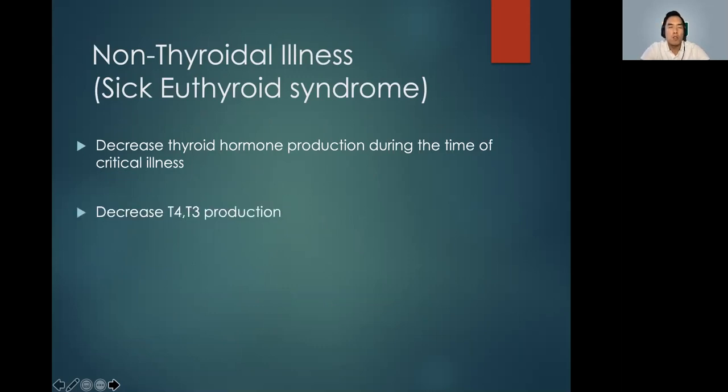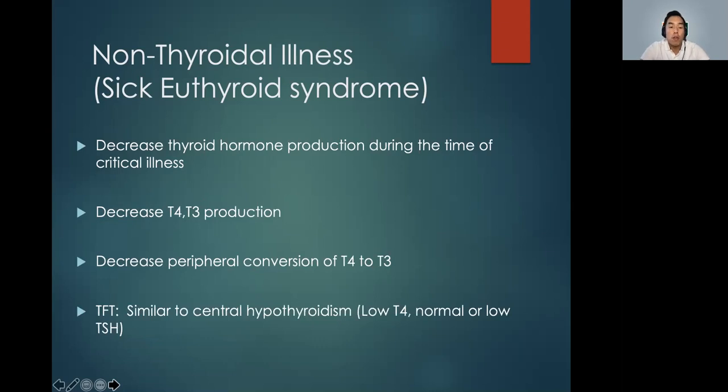So the body tries to preserve the metabolism, so it reduces the production of thyroid hormones, and also decreases the peripheral conversion of T4 to T3, right? T3 is actually the active hormone. In this situation, the T4 gets converted to reverse T3, which is an inactive hormone.